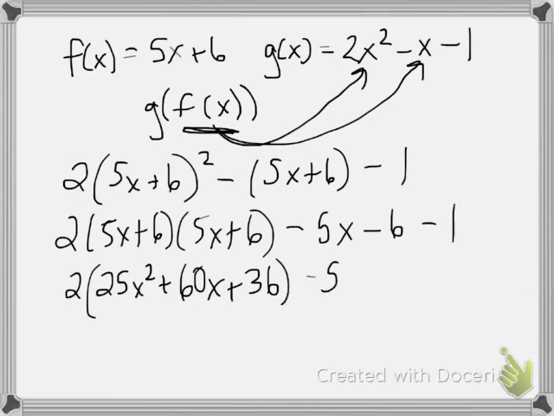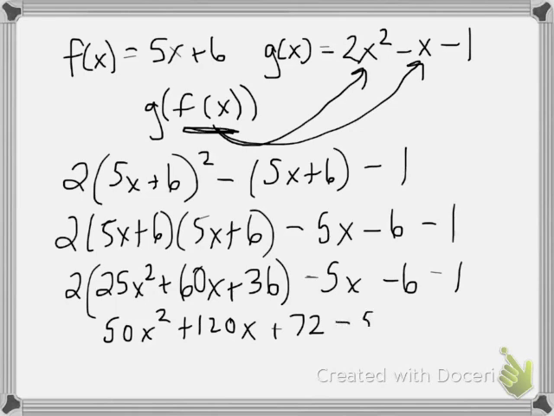So again, all I've done is I have FOILed. Now I distribute the 2 to give me 50x squared plus 120x plus 72 minus 5x minus 7.